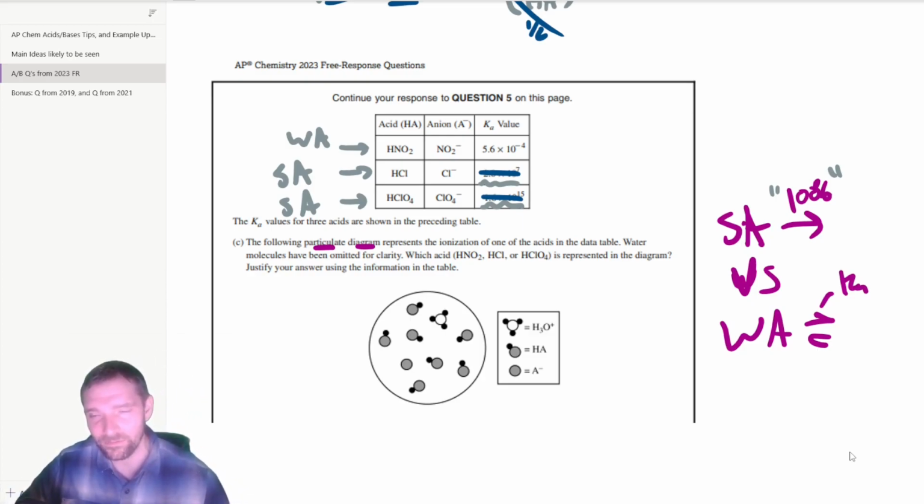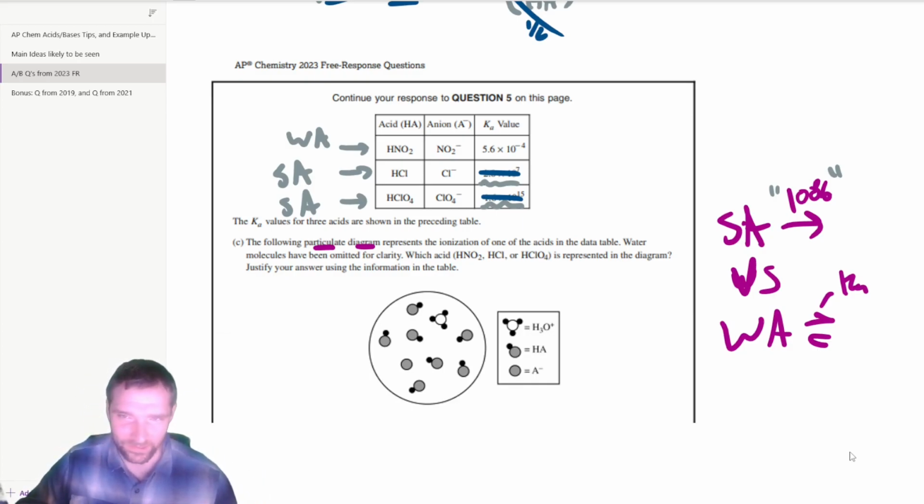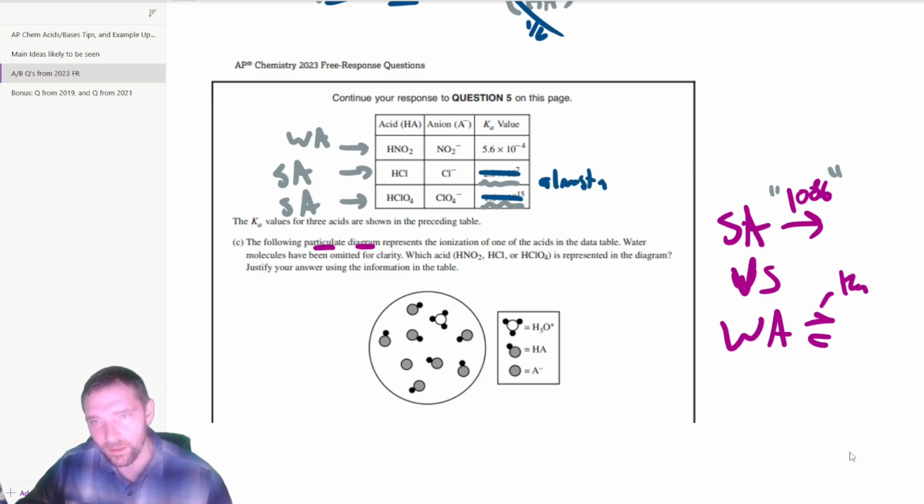And if you think about it, if you've got 1 mole and that big of a Ka, the whole mole's going forward. You've got like 0.0000001 left still as the conjugate. So these two things right here, they should be showing almost all A minus.